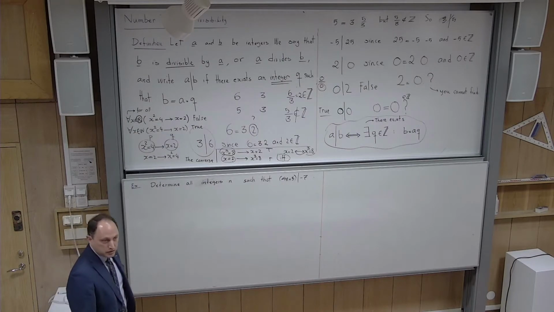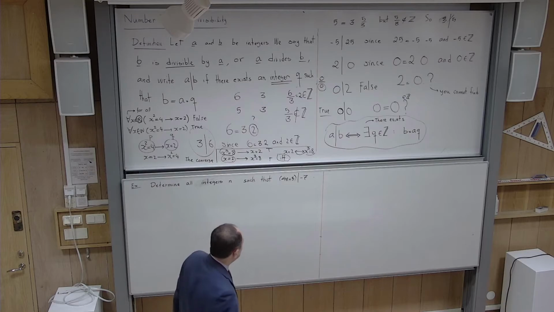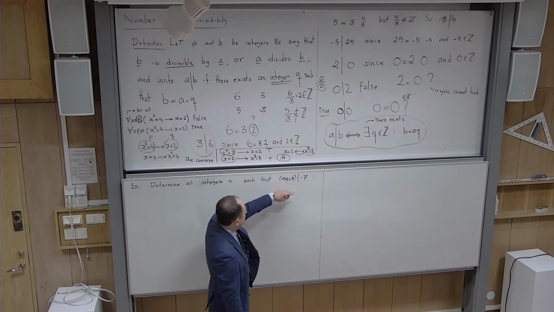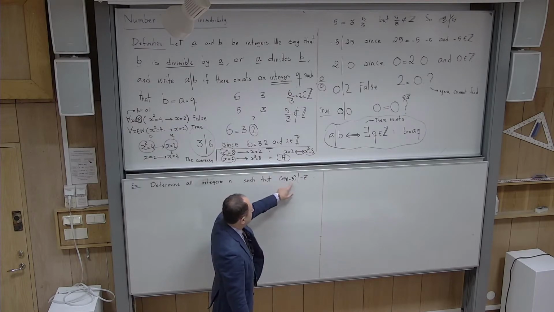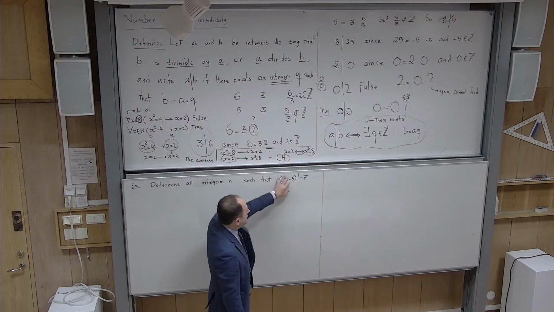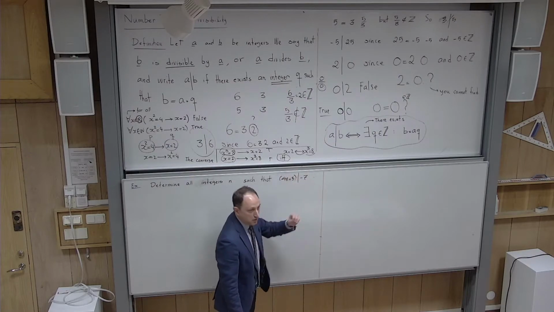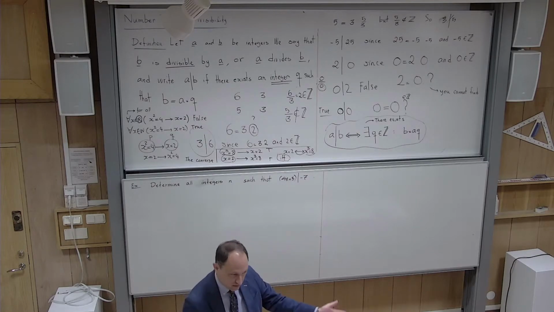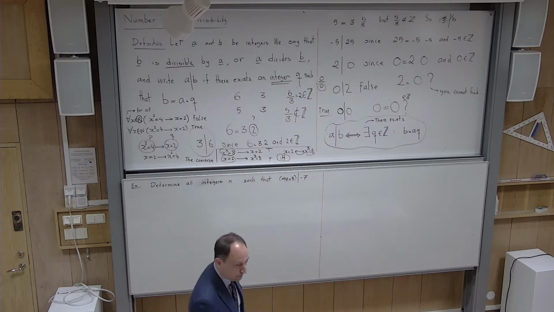So that's very simple, yes? I'm asking you to find all possible integers n so that when you multiply that n by 4 and add 3 to it, then it becomes a number which divides minus 7. Divides minus 7 means minus 7 is divisible by that number, okay?